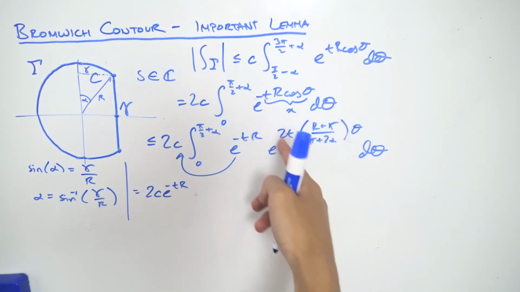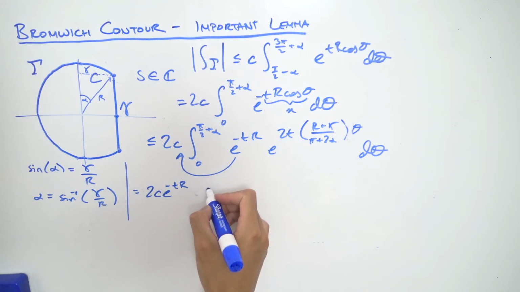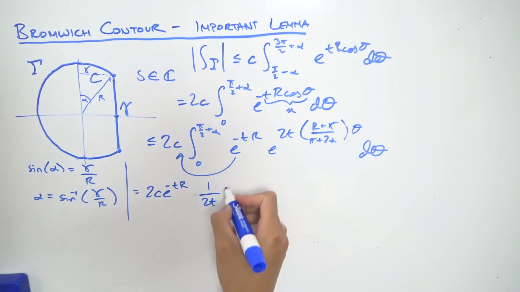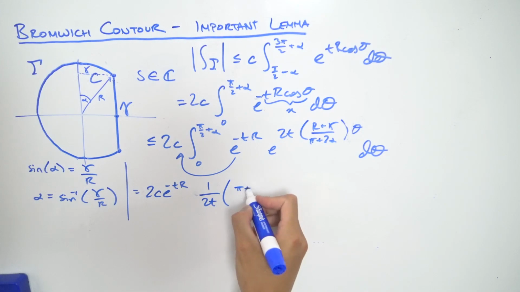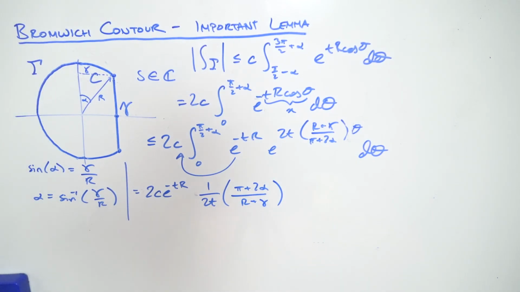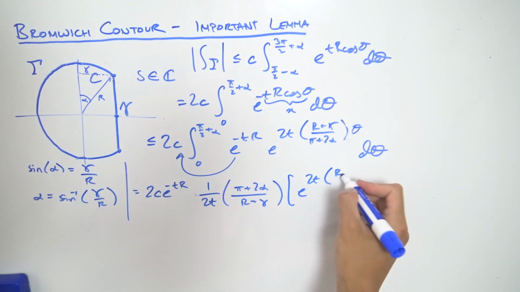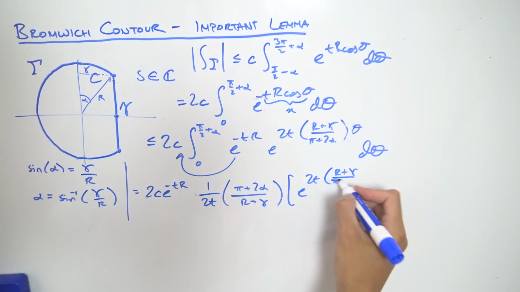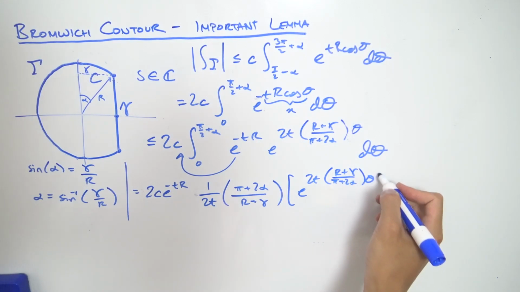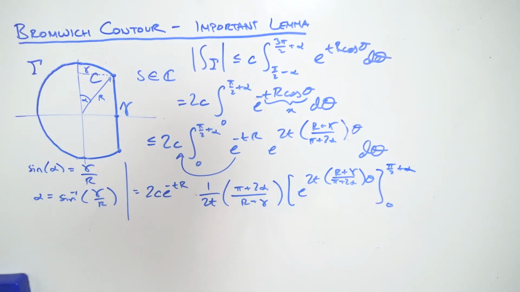So we're just going to take the reciprocal of this outside factor. So that's going to be 1 over 2 times t, and then pi plus 2 alpha divided by r plus gamma. And then we're going to multiply by this function because the antiderivative of an exponential is still an exponential. So we're going to get e to the 2t r plus gamma divided by pi plus 2 alpha times theta, and evaluate this from 0 to pi on 2 plus alpha.